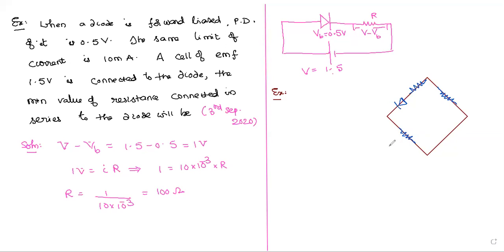This is 10 ohms and that is also 10 ohms, and it is 5 ohms, and these are two diodes. Here one more diode he connected like this, and one more resistor is here. This is 20 ohms.